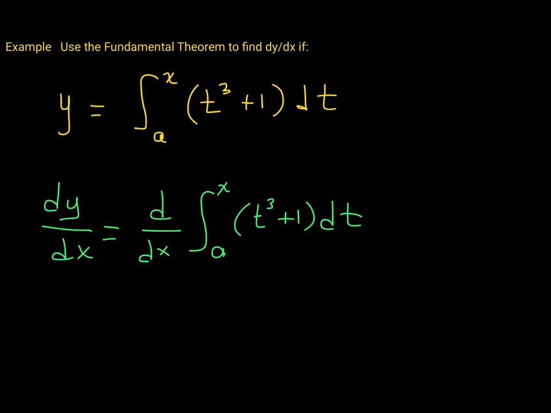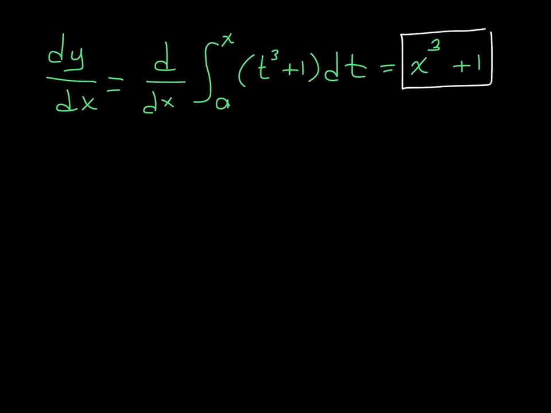So then it's simply x cubed plus 1. I'm basically evaluating this function at this upper limit. So this here is dy dx. Okay, cool.